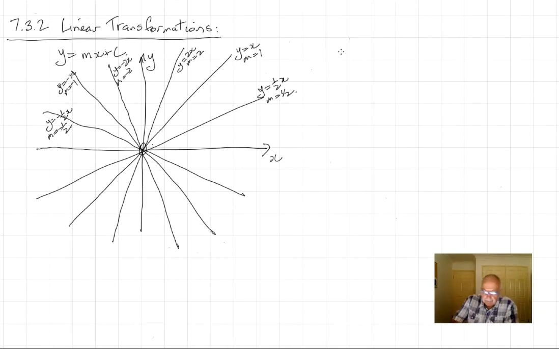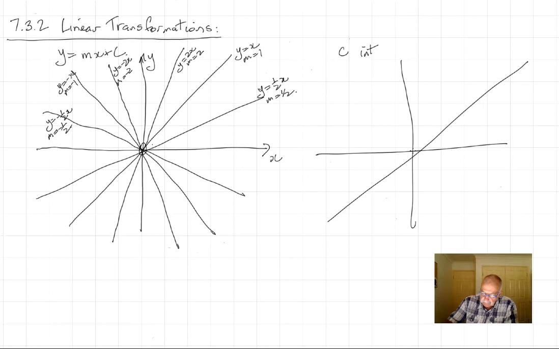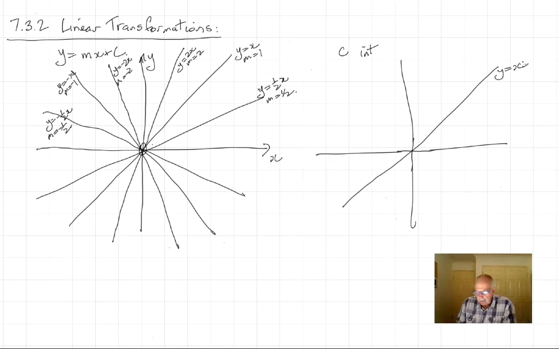What does c do? c is the y-intercept, we know that. So if we had y equals x, it'd be good if I could draw it through the centre. So y equals x. Now, what does y equals x plus 1 look like?